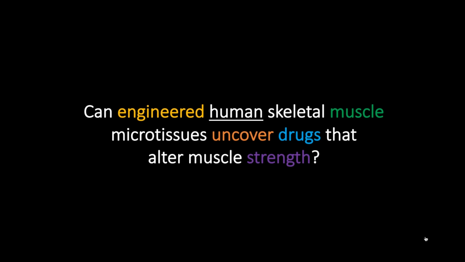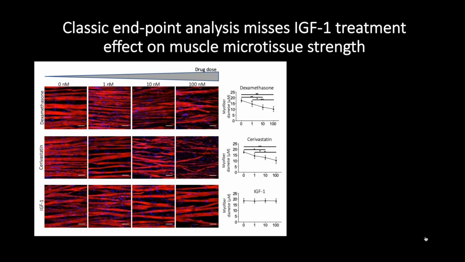And so what we decided to do was to test a variety of different drugs and proteins that are known to increase or decrease muscle strength, and provide side-by-side comparison of a standard histological approach, so an endpoint assay, to assess the effect of those treatments on the 3D muscle tissues, as opposed to our non-invasive force measurement, which can be performed at many time points over time, so it can be used in a longitudinal fashion.